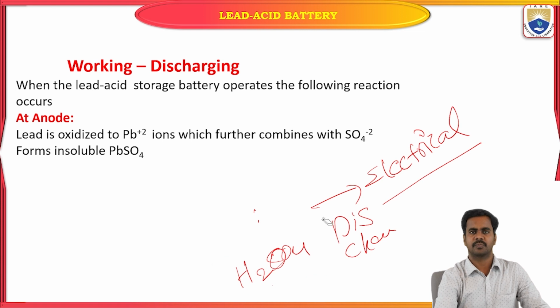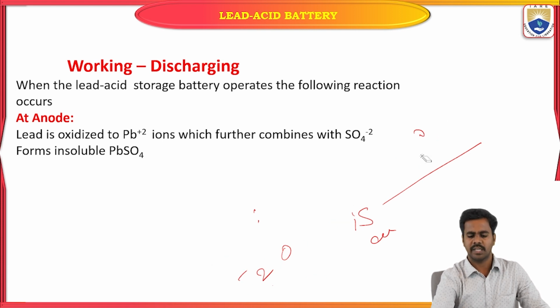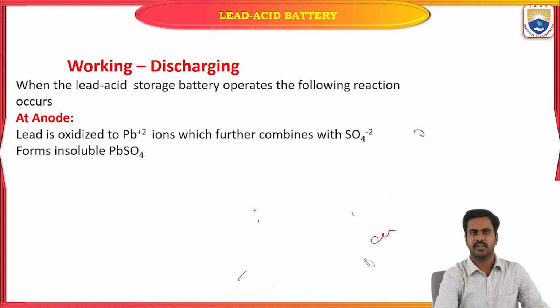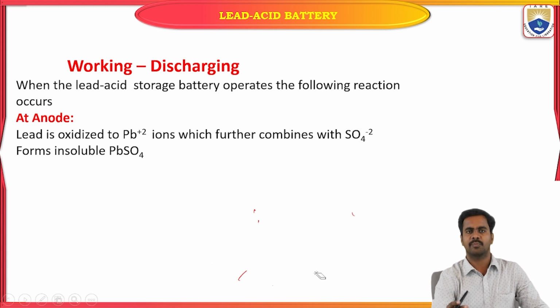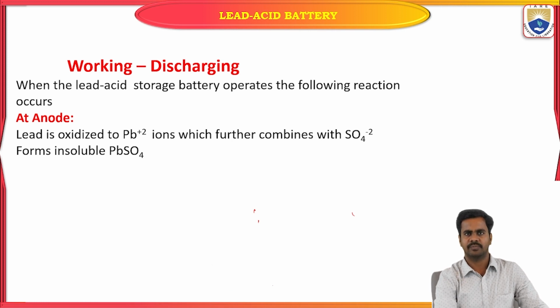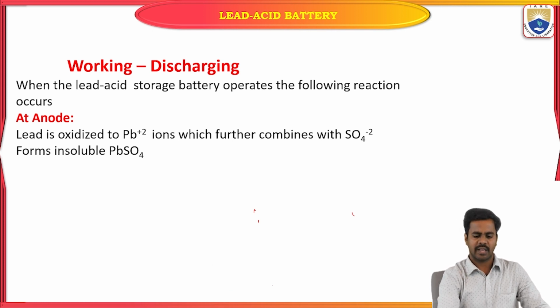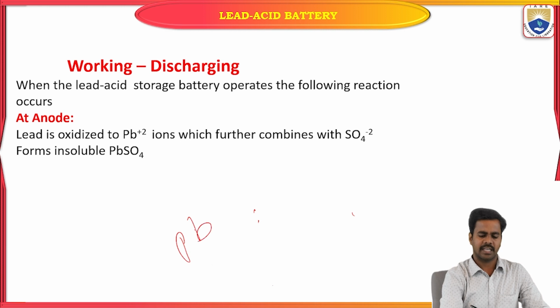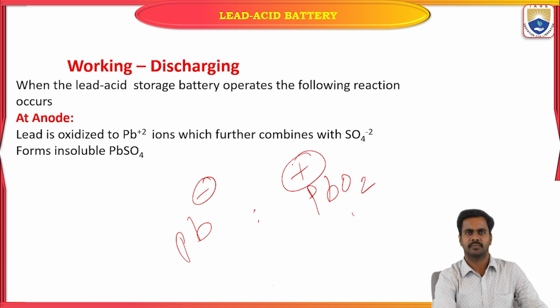Let us see what reactions are involved during the discharging process. Here lead acts as the anode and PbO2, lead dioxide, acts as the cathode.